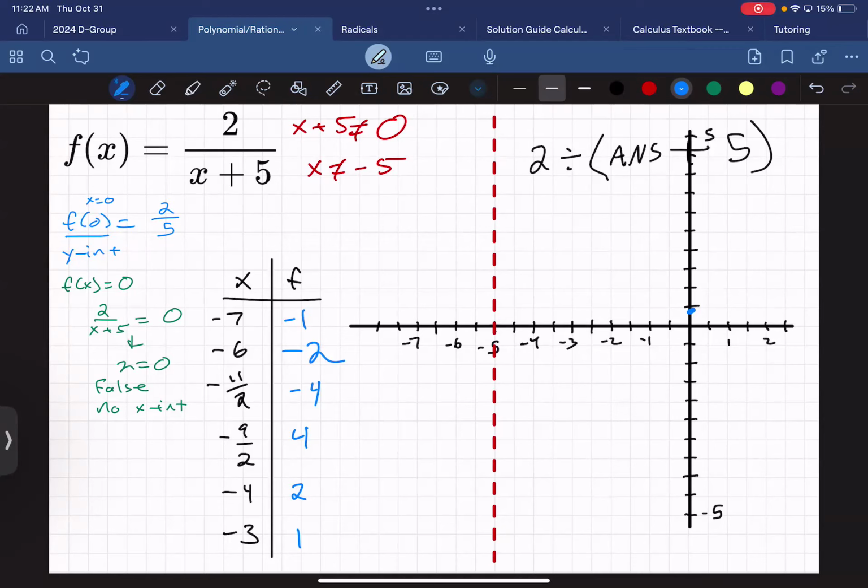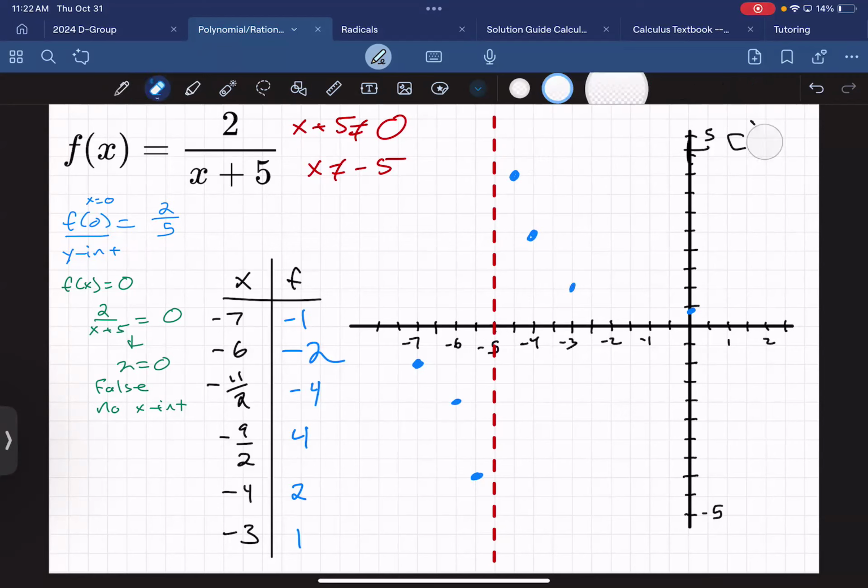With that said, though, when I start plotting these new points, we have an interesting issue that we have to talk about. All right.